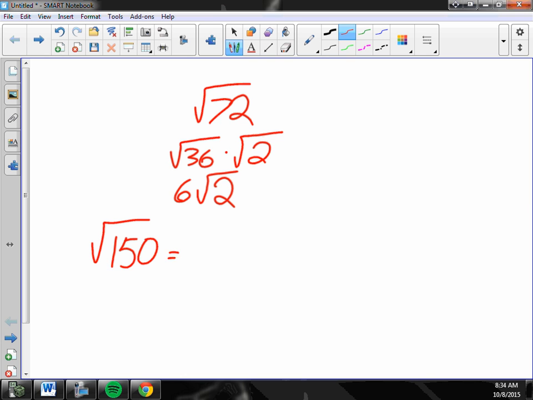So this is equal to the square root of 25 times the square root of 6, or 5 root 6. Now, one of the perfect squares is 81. I don't know my 81 times tables, right? And when we got to 72, what if I said it was, let's see, 4 would go into that.